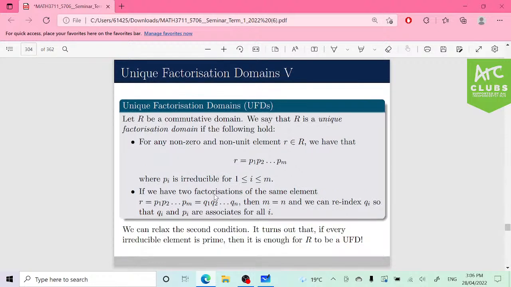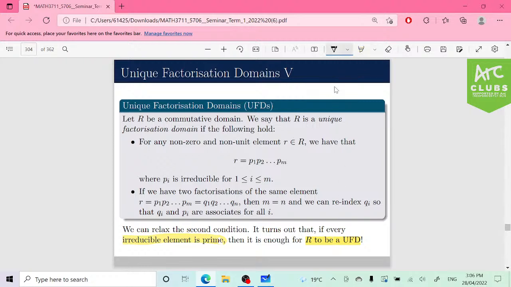So instead of looking specifically at this dot point here, which can be a bit tiresome, we can look at an alternative result that implies this result. As it turns out, if every irreducible element is prime, then R is a unique factorization domain.